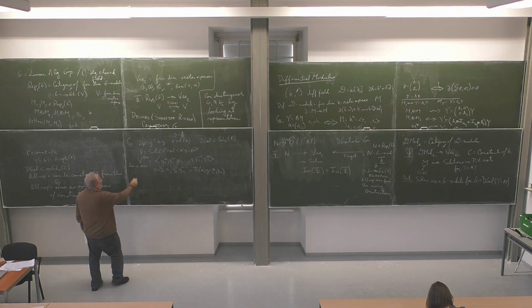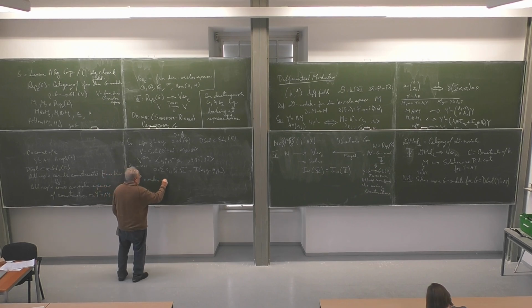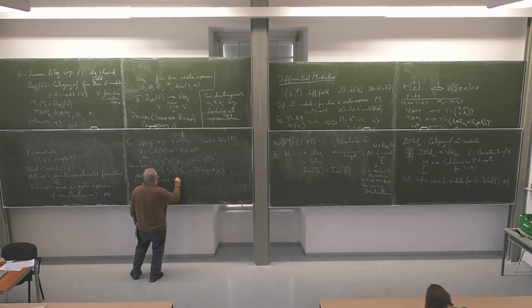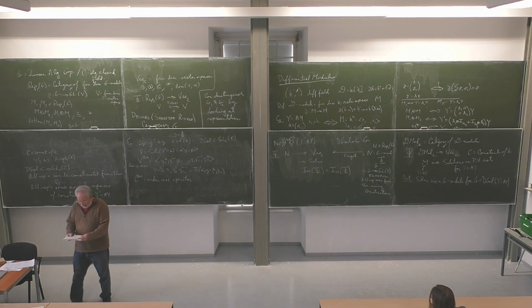So I said that this should be the solution space of something. So I want to define this. This will be an order m plus 1 operator. And you can calculate it.